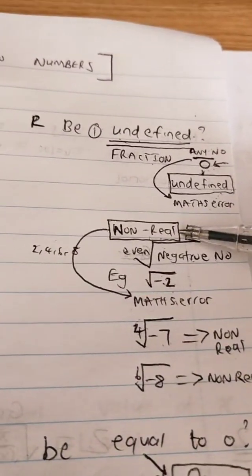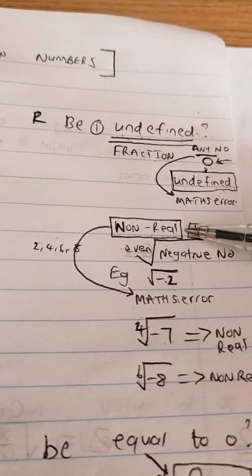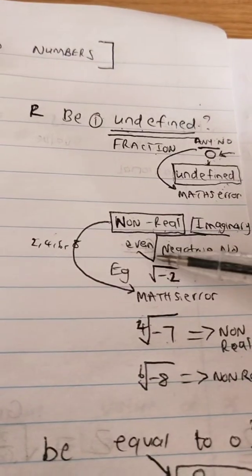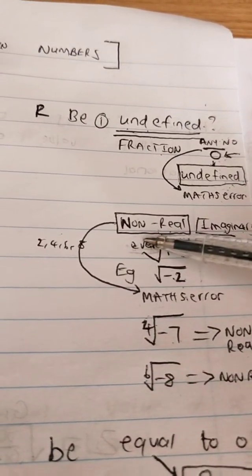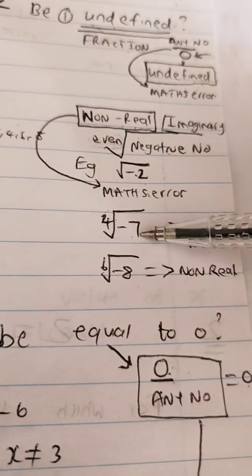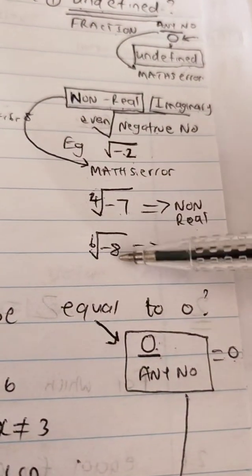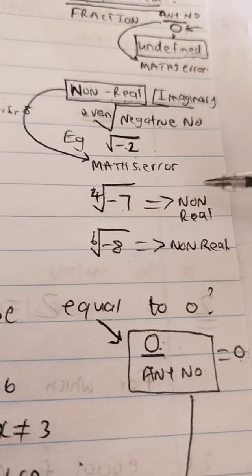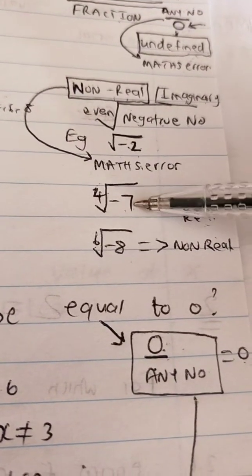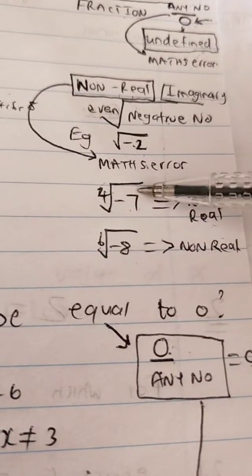What does non-real mean? Non-real means any negative number inside an even root. For example, the square root of -2, the fourth root of -7, the sixth root of -8. These are all non-real. So we are talking about a negative number housed within an even root.